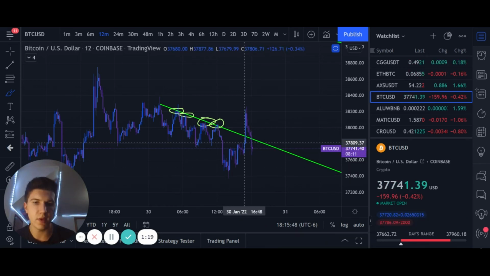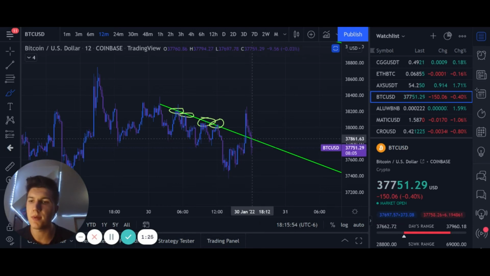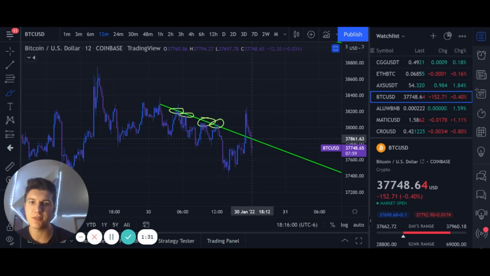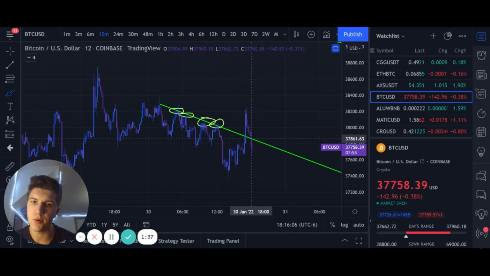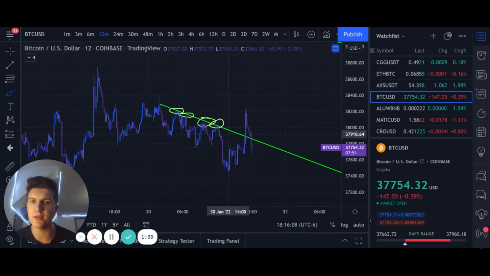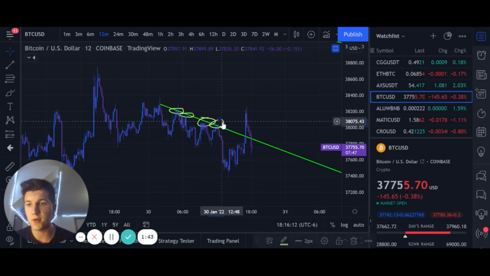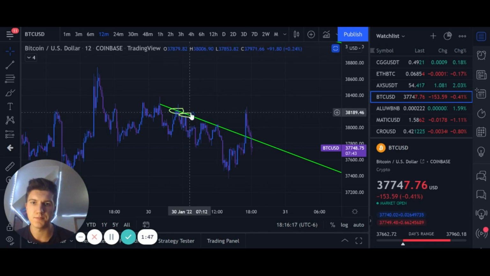That's something you have to be cautious of, when price does break a trend line and it flips the support and resistance. In this case, the trend line was a resistance, and now it was acting as support, but it broke that support. And so that's what you have to be careful of when you are trading as a breakout trader. But let me delete these.